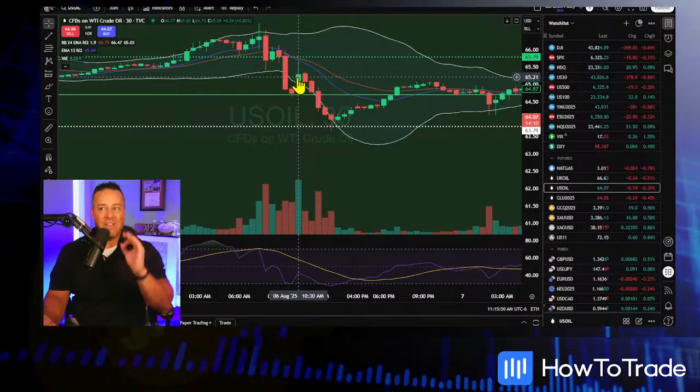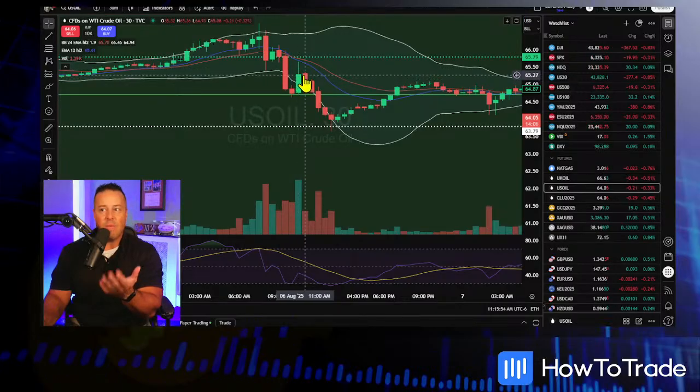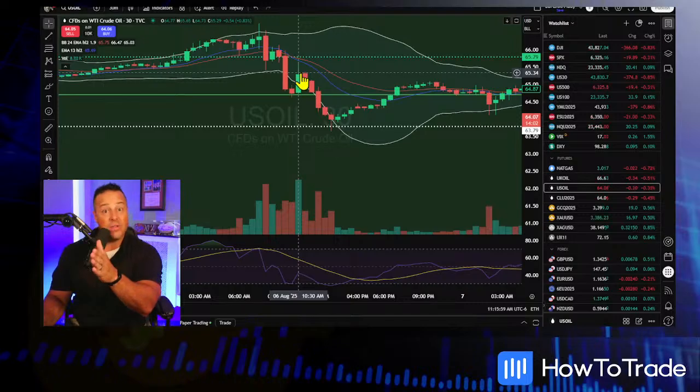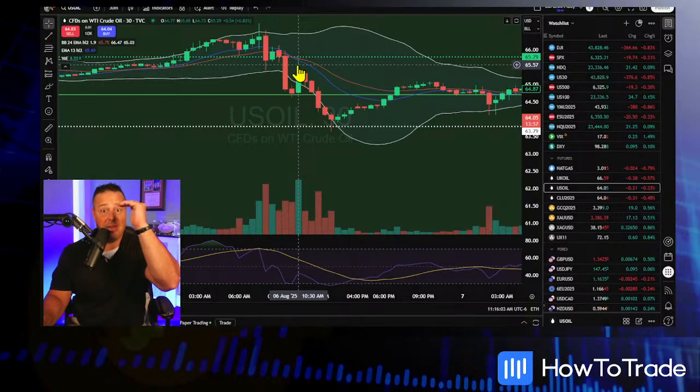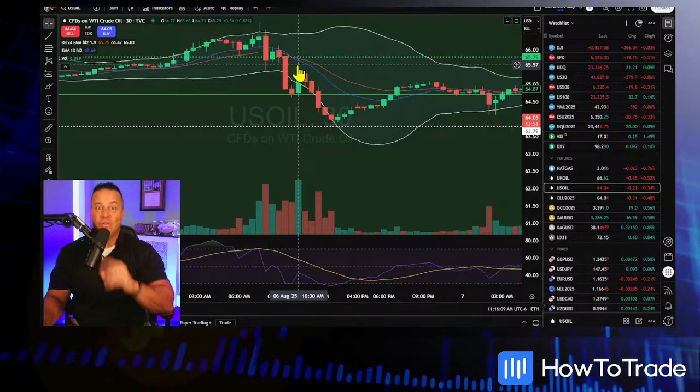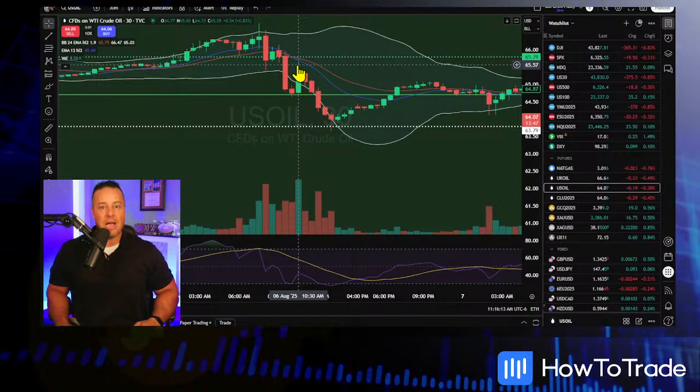So let's just say I exited right on that bar close. I didn't like it. This is a little wicky. Maybe I gave it a minute and bailed out. I'm still plus $500 on the trade. So my swing would have gone from plus $860 at the top down to plus $500. That's not bad. You'll find that when your swings are plus, not negative, you're going to last a long time in this game.